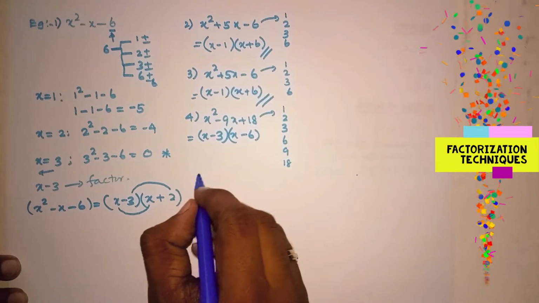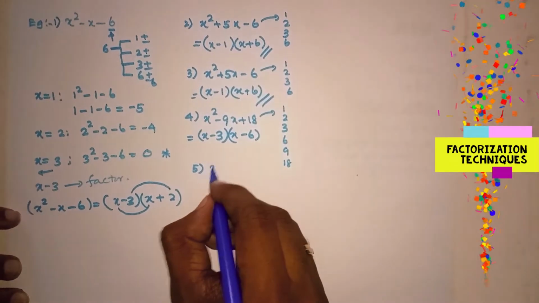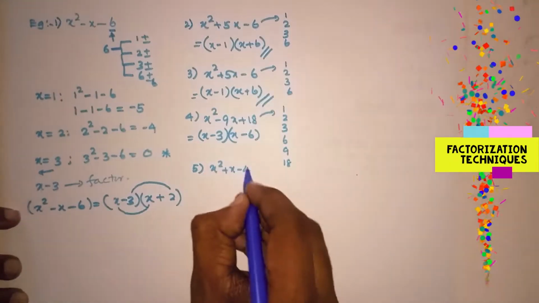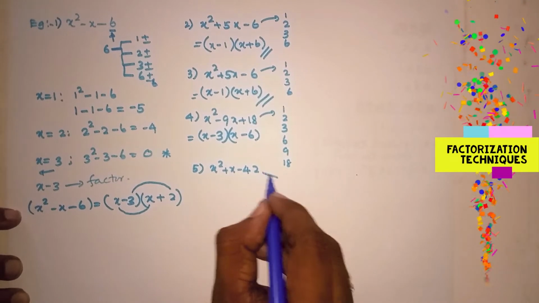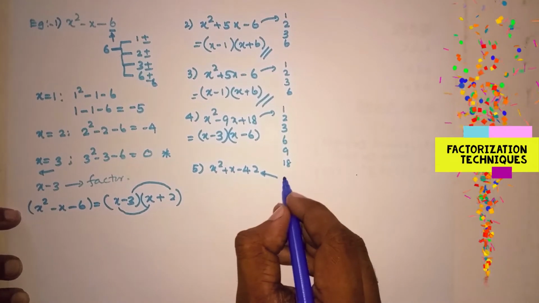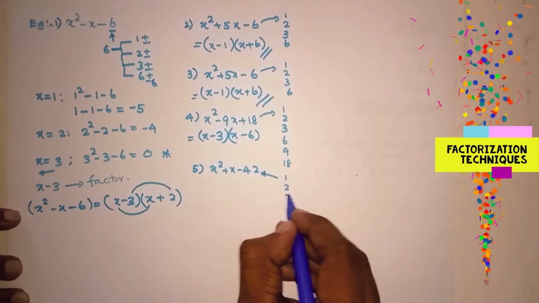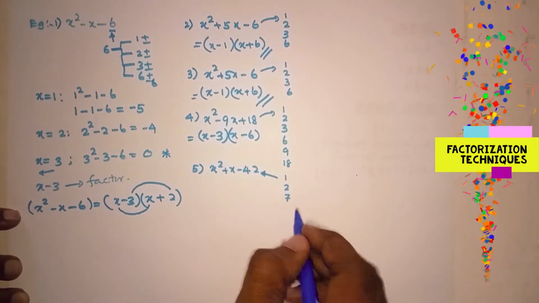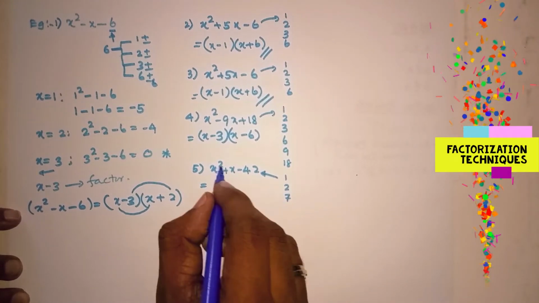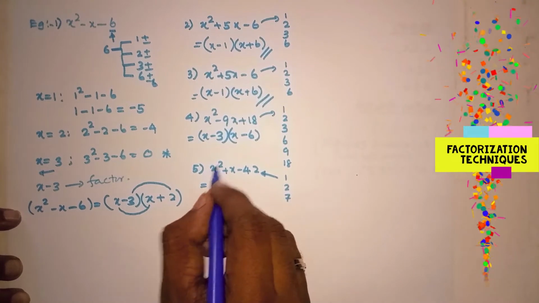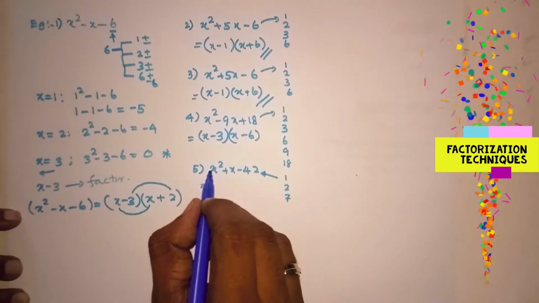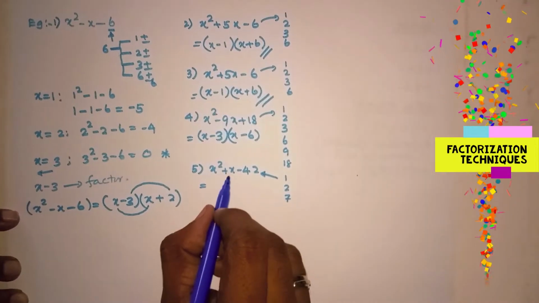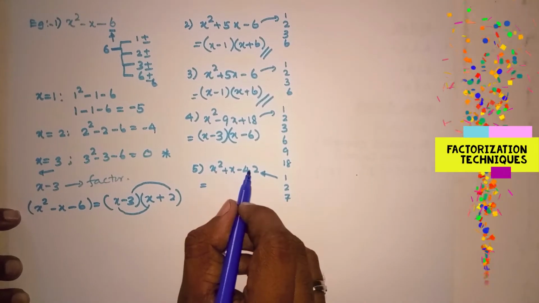Then consider another one, example 5: x squared plus x minus 42. Consider here 42 and its multiples 1, 2, 7. Likewise you can write them all. But when you put x equals minus 7, this will be minus 7 squared, which is 49, minus 7 plus 42... minus 42 will be 0.